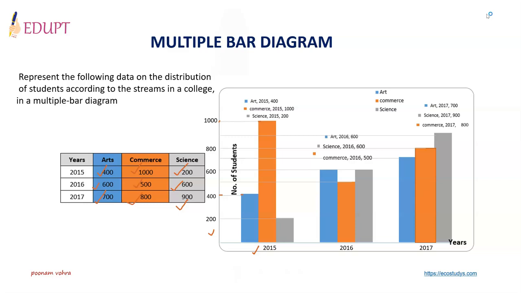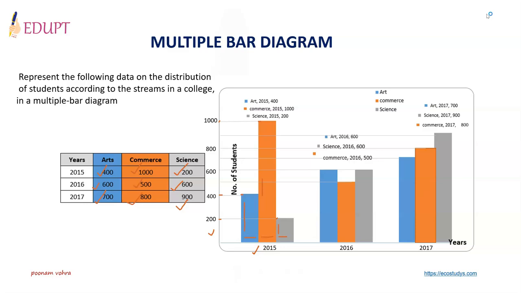And in science, it is 200. So this is the point. Now you need to make 3 bars for 1 year in such a manner that the width of each bar is same. Length will definitely vary simply because the length is as per the values of the variable. Same process now you repeat for 2016.